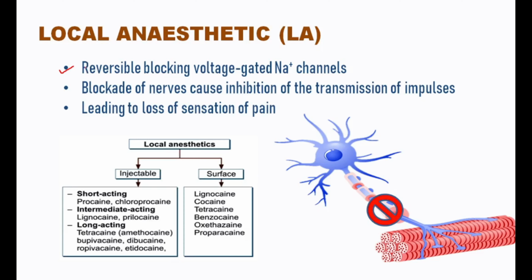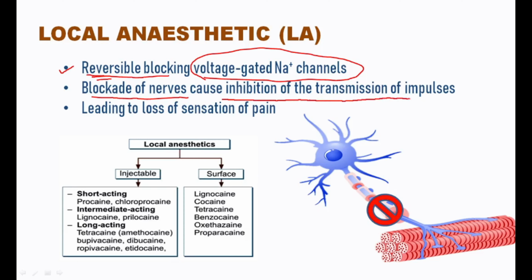In the case of local anesthetics, they cause reversible blocking of the voltage gated sodium channel. Therefore they will cause the blocking of nerves and the inhibition of transmission of impulses.